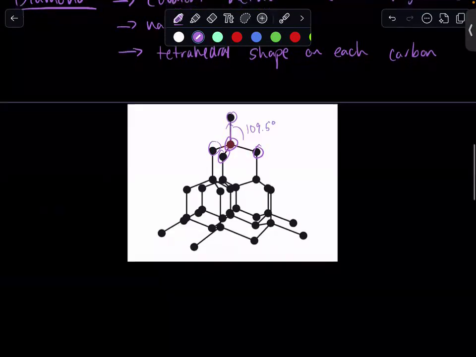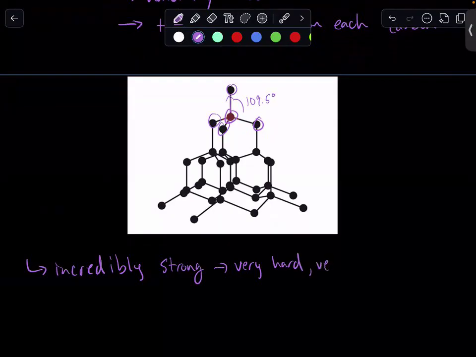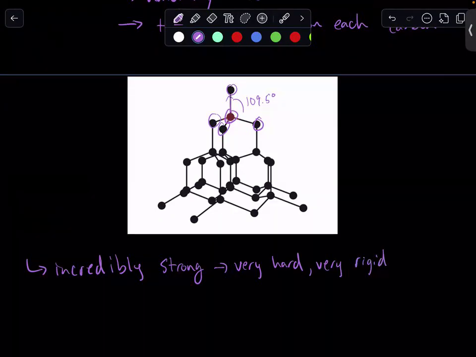This is an incredibly strong arrangement of atoms. And generally, people know that diamond's incredibly strong, and it's due to these properties. With that, it makes it very hard. Like you can use diamond to scratch almost any surface. It's very rigid, meaning it doesn't flex or bend.